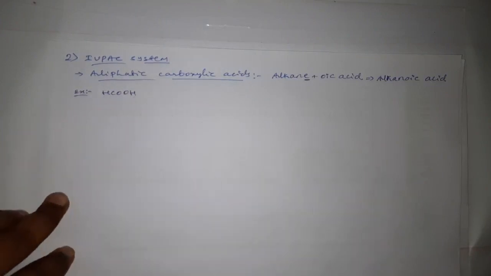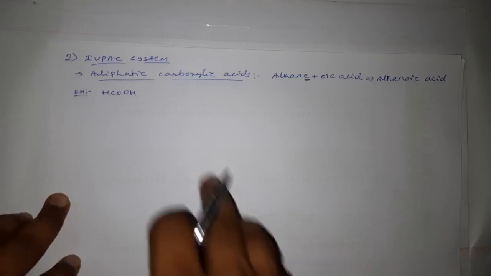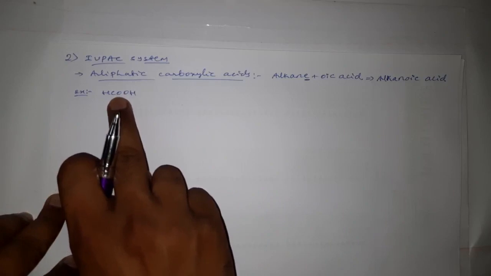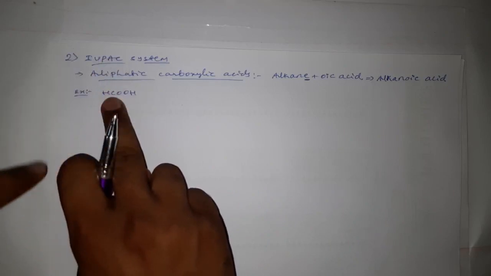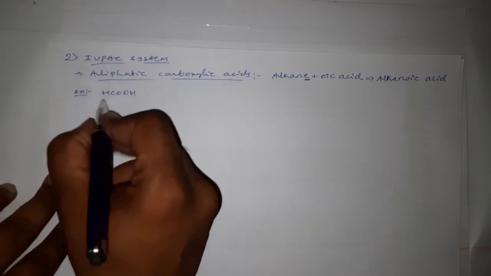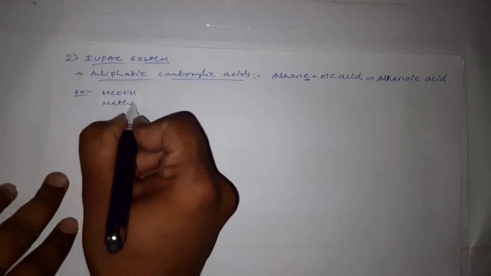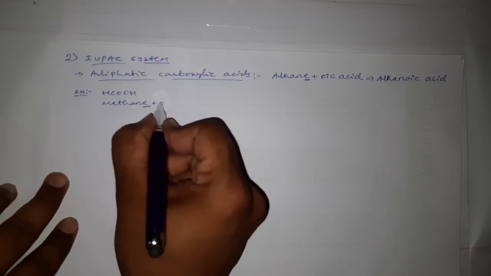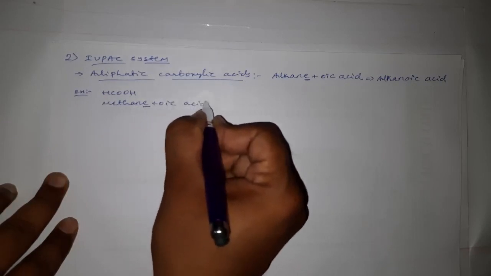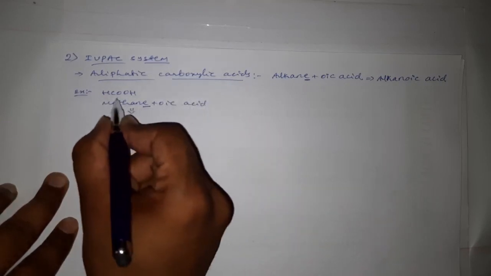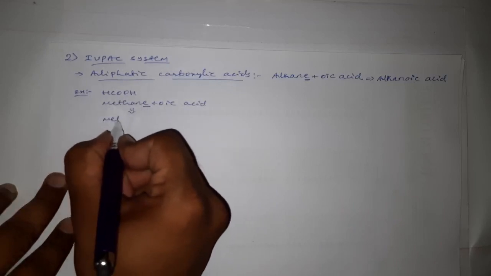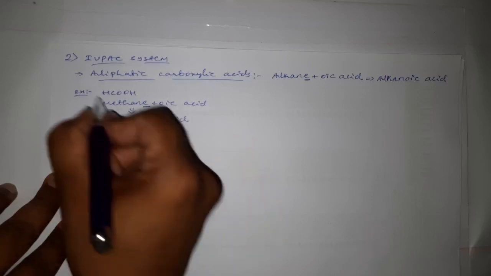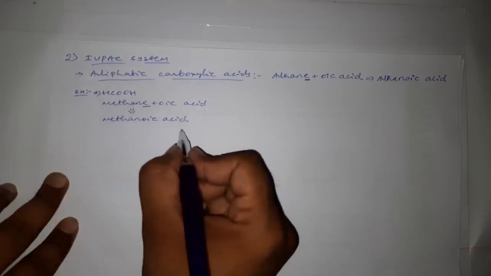Take for example HCOOH. We can say easily that it can be derived from methane because it contains only one carbon atom. In place of E we have to write OIC acid. Therefore, the IUPAC name for this compound is methanoic acid.